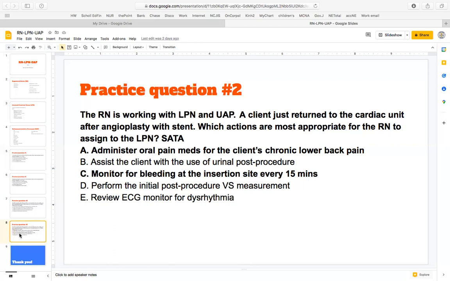RN will do it so that they have the baseline number. E, review ECG monitor for dysrhythmia. Reviewing ECG monitor for dysrhythmia. Review, that's evaluating, right? They look at the ECG, they see if it's actually dysrhythmia, so they will have to evaluate. That's for RN. So LPN, they can't do that.